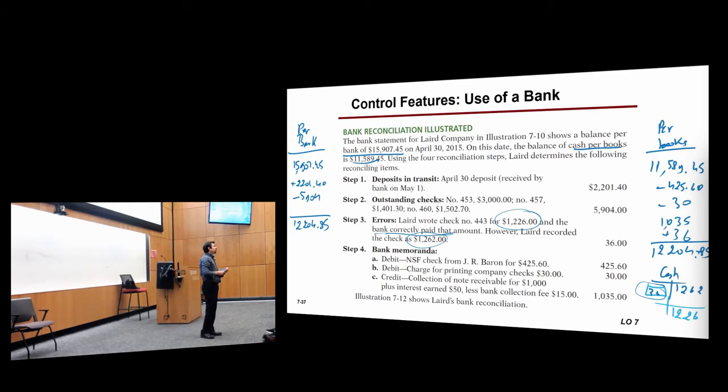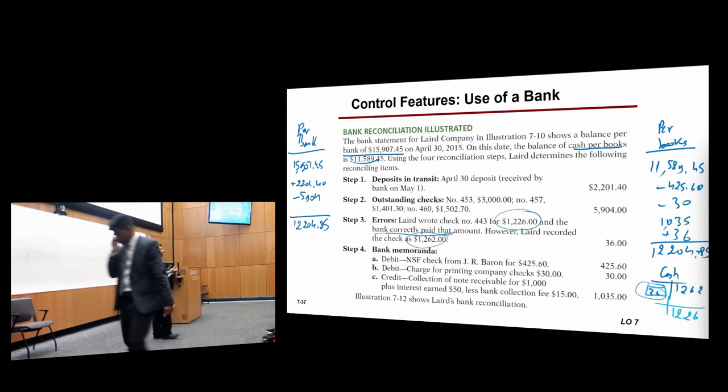Why did you add the 1,035? Okay, so the $1,035, this is when the bank collected a note receivable on your behalf. And until you saw the bank statement, you did not know that the bank actually collected it for you. So now you have to update your books to reflect the collection of note receivable. The bank collected 1,000, that's the face value of the note, plus $50 interest.